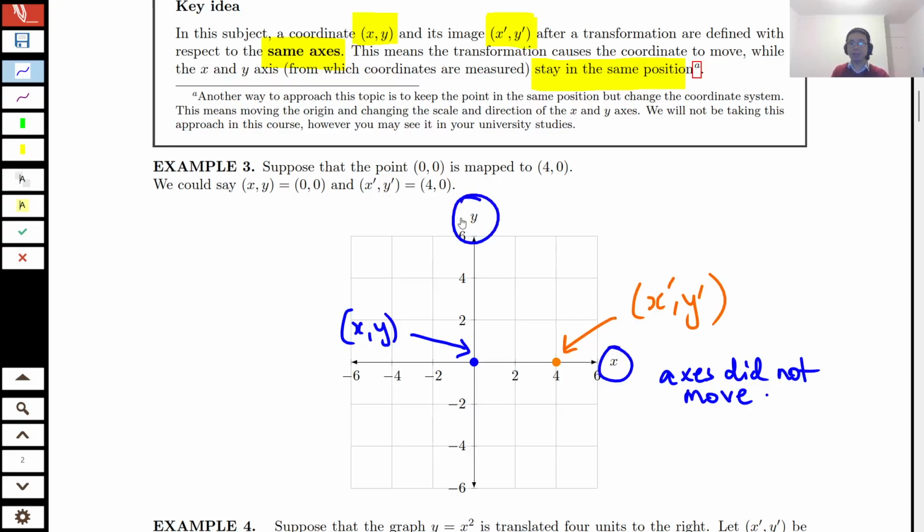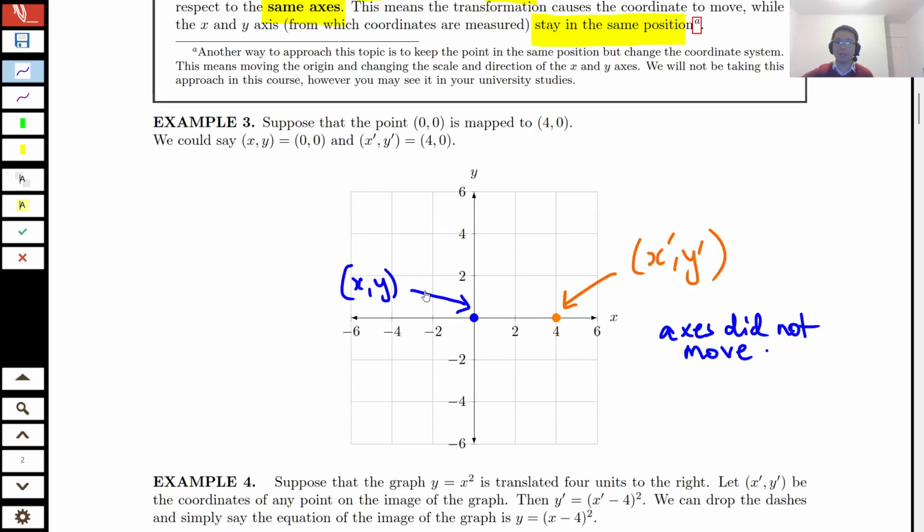This one doesn't change. A transformation for our purposes moves one point to a new point within the same set of axes. Sorry to belabor the point, but you'll see what I mean when I go to example 4 now.